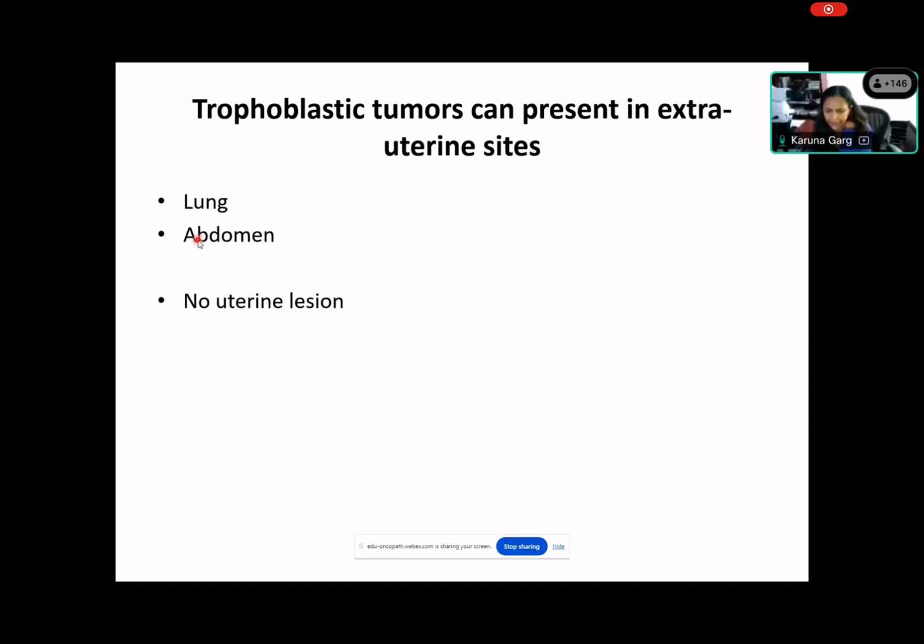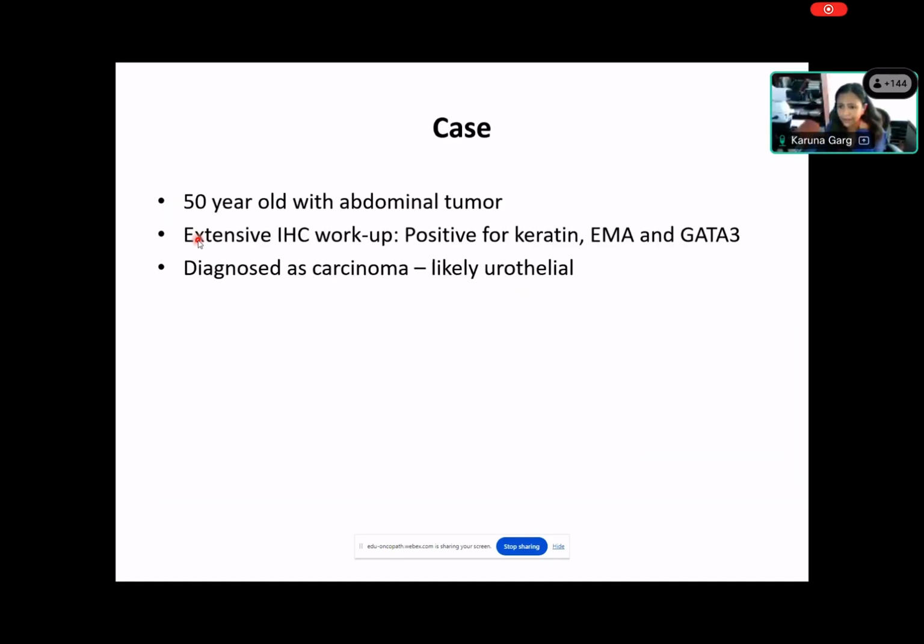So they had a C-section, there was a molar pregnancy or even a non-molar pregnancy, but some of the villi or products of conception got left behind, that then grew into a trophoblastic tumor. With the lung, the speculation is you can see vascular invasion with a molar pregnancy, for instance, and let's say it metastasized to the lung, it sat there, and then it grew into the tumor there. So those are just speculations as to how this occurs.